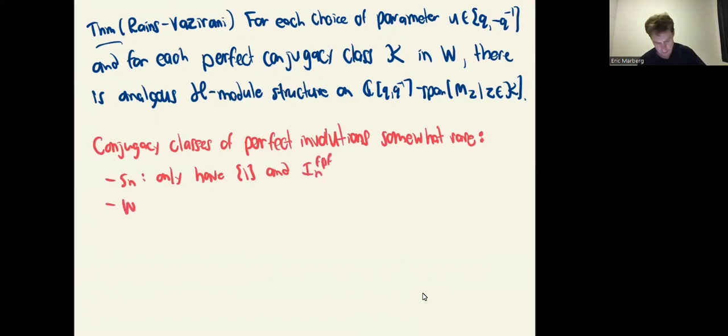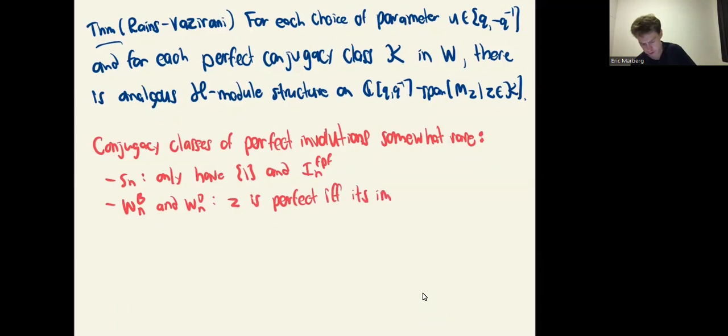In the Weyl groups of type B and D, Z is perfect if and only if its image in Sn is perfect under the natural map that just erases the signs in a sign permutation matrix.